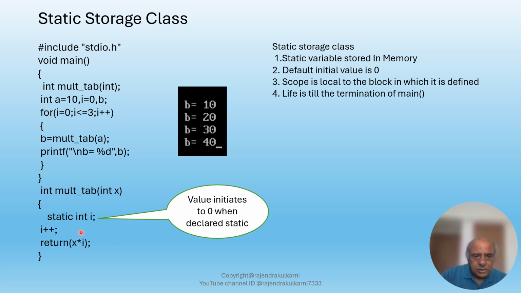So in this program, what we have seen, first i becomes 1, then it becomes 2 on the second iteration, then 3, then 4, and then when the for loop terminates, the program ends, and whatever variable i is stored in the memory will be destroyed. So it gets destroyed only when main terminates.